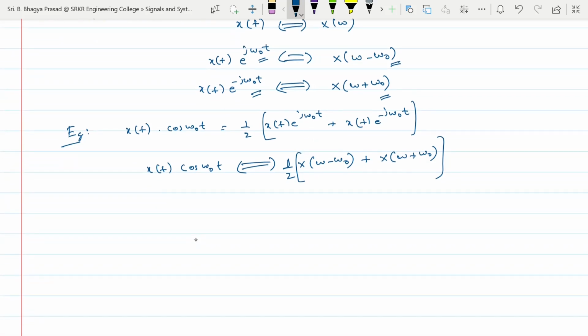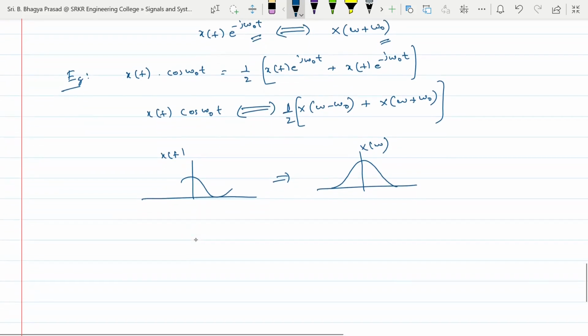Let us consider the signal x of t like this. Its spectrum is represented like this, that is x of t and x of omega.